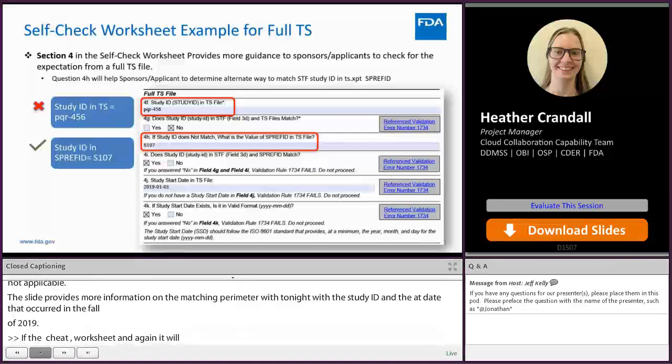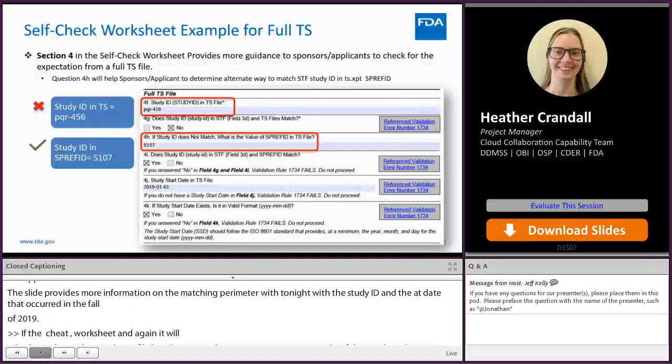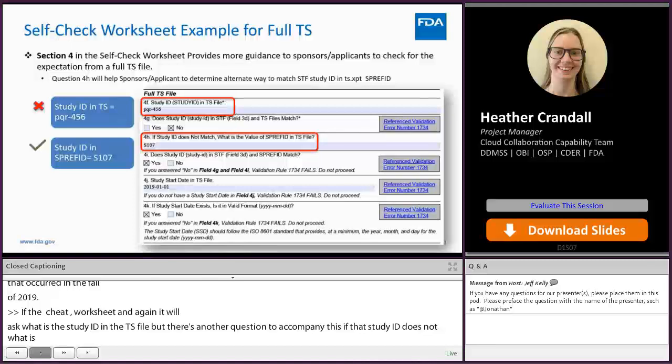And similar logic is built into both question 4F and 4H to check the entry on these fields against what was entered as the study ID in the stf.xml section of the self-check worksheet, which would occur before you get to this section for the TS file.